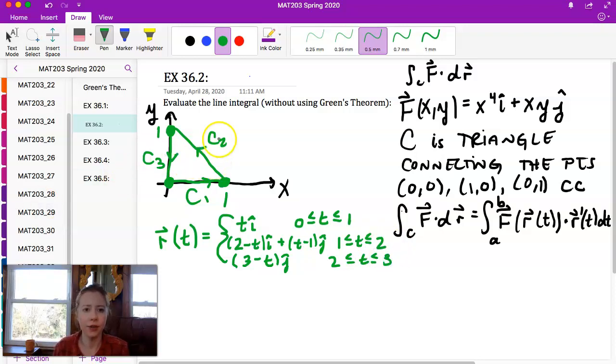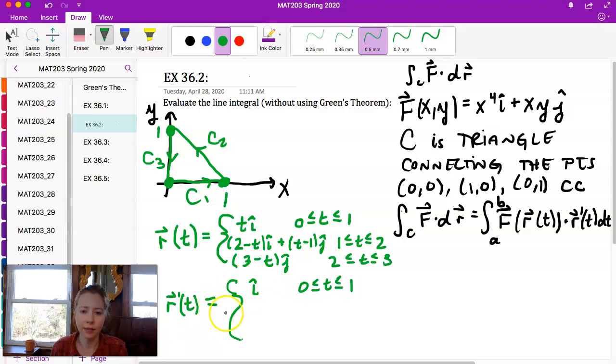All right, so now that is the parameterization of our curve. And so now we have to go and take the derivative with respect to t. And we end up with i hat for 0 less than or equal to t less than or equal to 1.